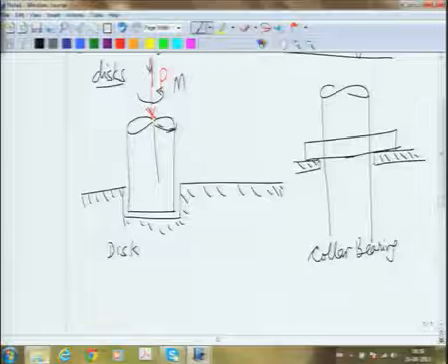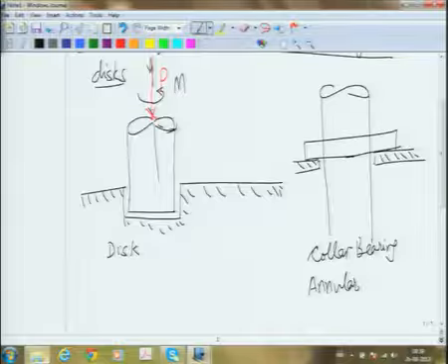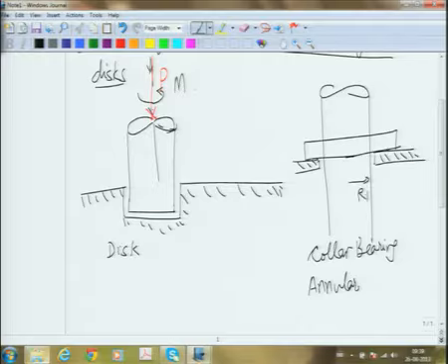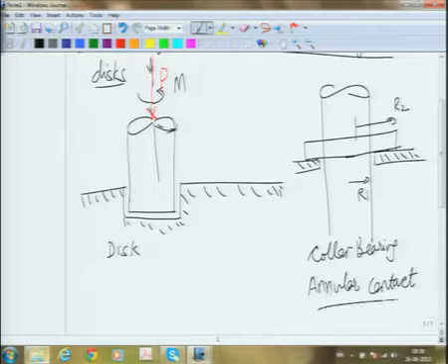In this case the contact between the bearing and the rod extends from R1 to R2.